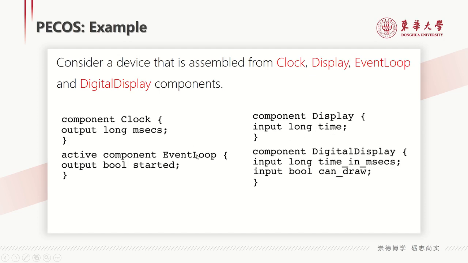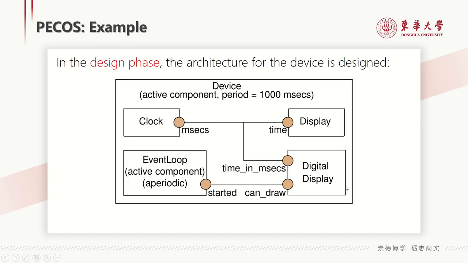Active component event loop outputs a boolean, started. And finally, component digital display has two inputs: the first is a long data type, time in milliseconds, and the second is a boolean control. So finally, we can link them here in the design phase. The architecture for the device is designed like this.